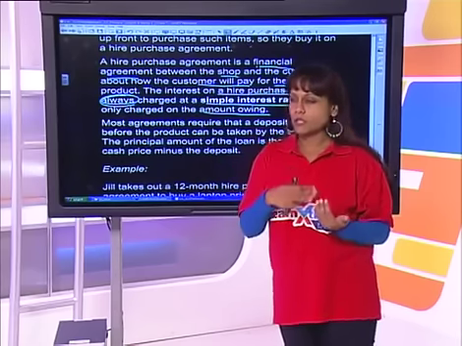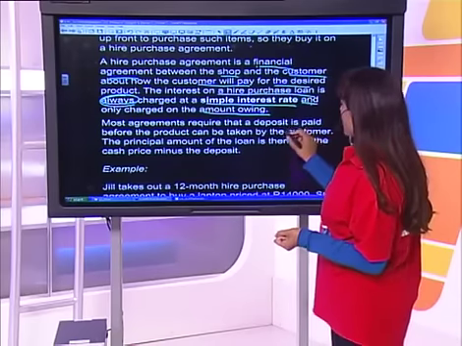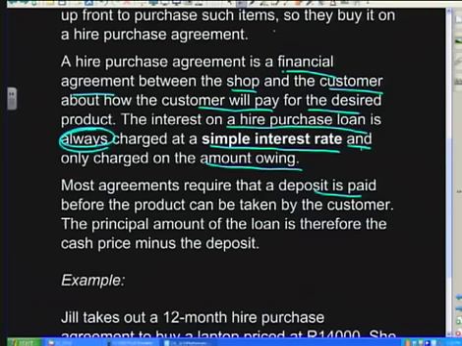That will make more sense when we do an example. As I was saying, most agreements require that a deposit is paid before the product can be taken by the customer, and the principal amount of the loan is therefore the cash price minus the deposit. So that's what you would work out the simple interest on. We always minus the deposit first.